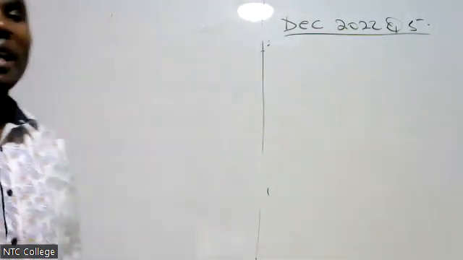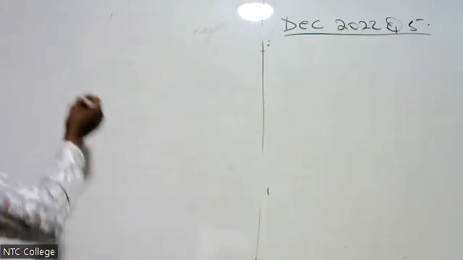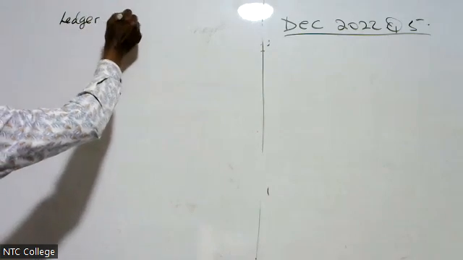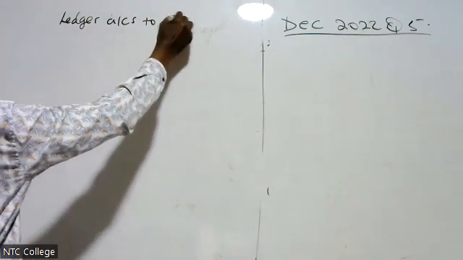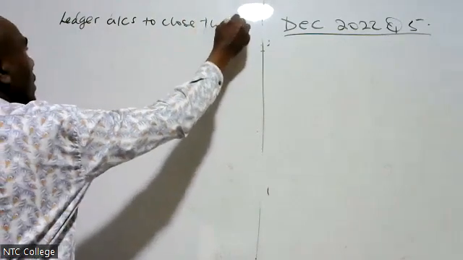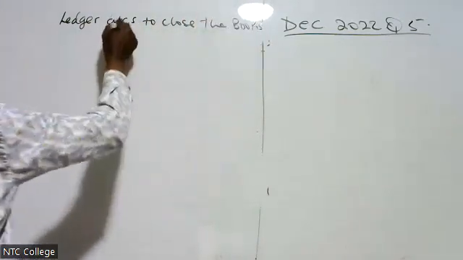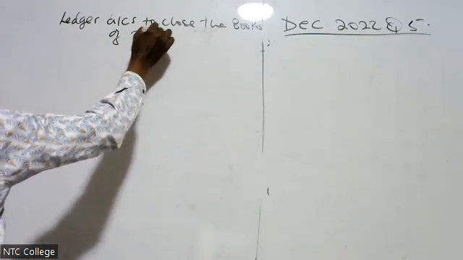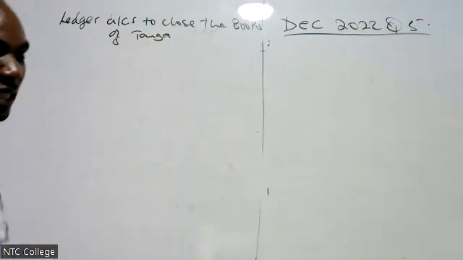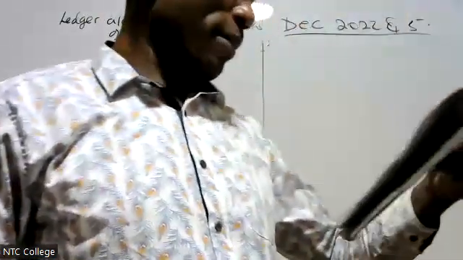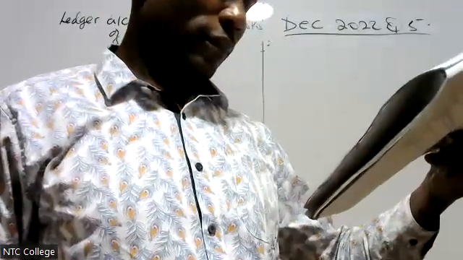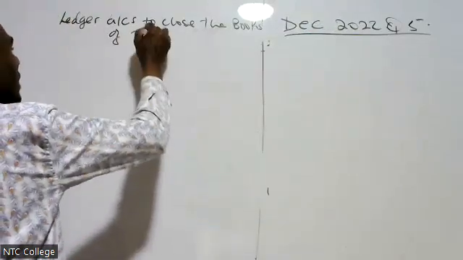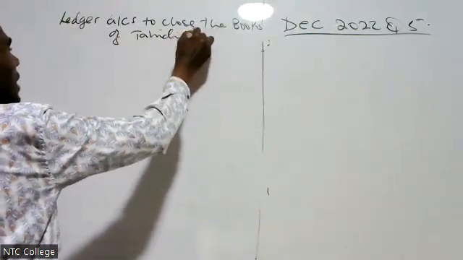Therefore, in this question, the examiner has told us that in number A, we do the ledger accounts to close the books of Dahiti Limited.